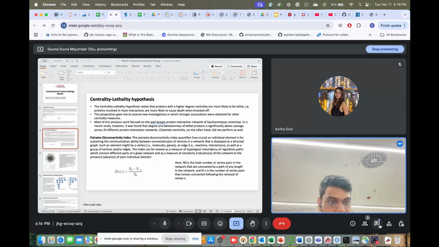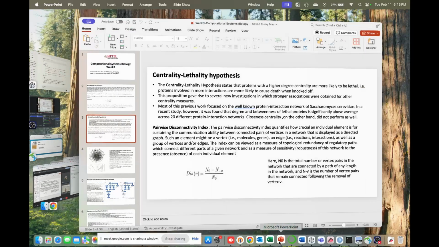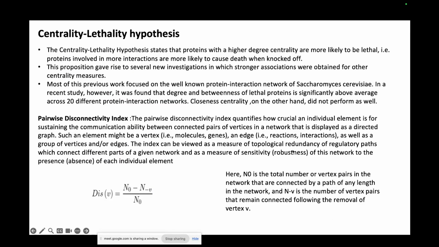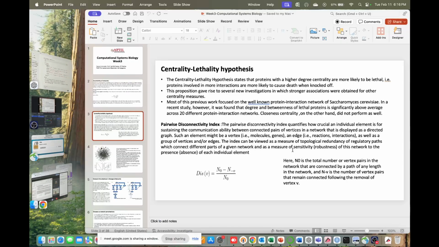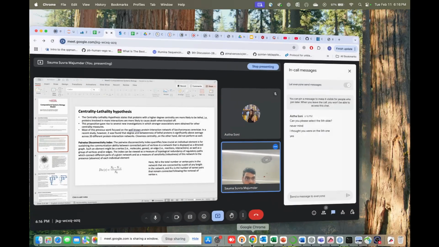Sorry, I did not understand. Slide as in? Okay. I hope you can see my screen, right? Is there an issue with seeing the PPT?